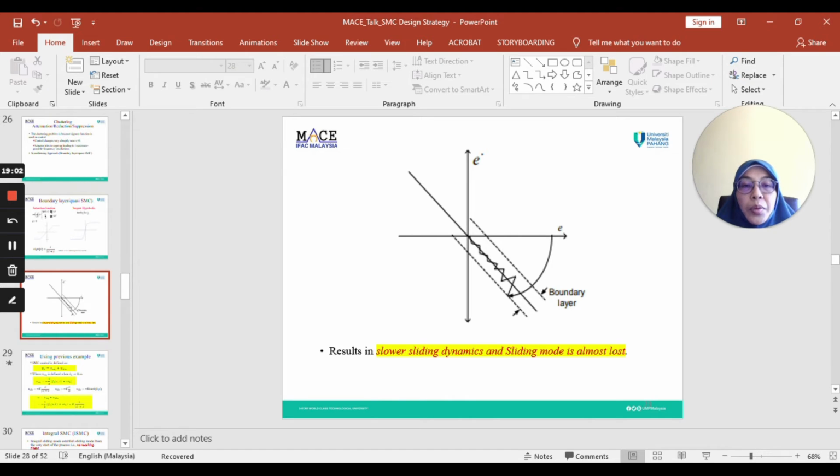Our trajectory moves around this boundary layer that we have set. So this will result in slower sliding dynamics, and we might lose our sliding mode. So when we use this approach, we have to be careful so that we don't lose our sliding mode.